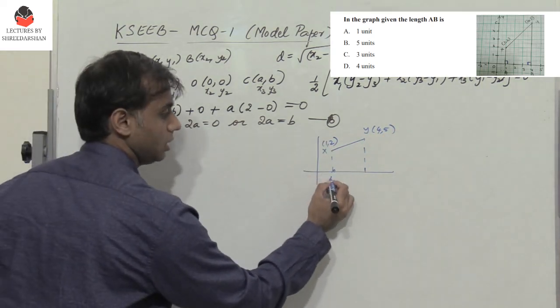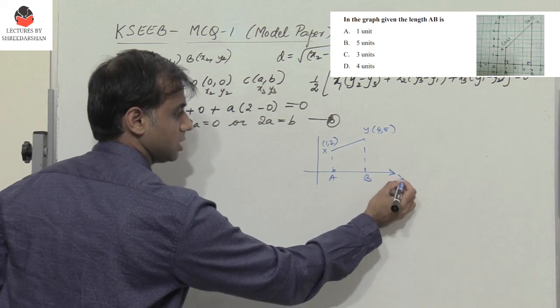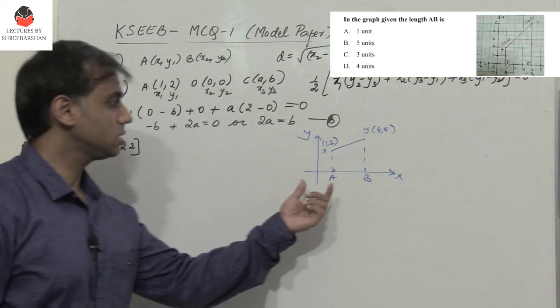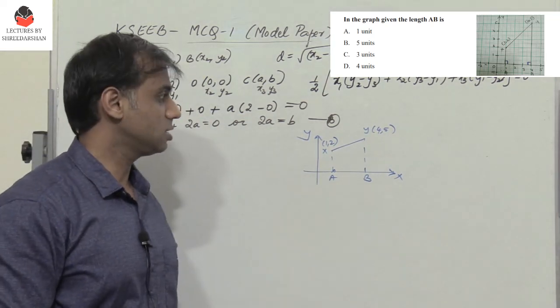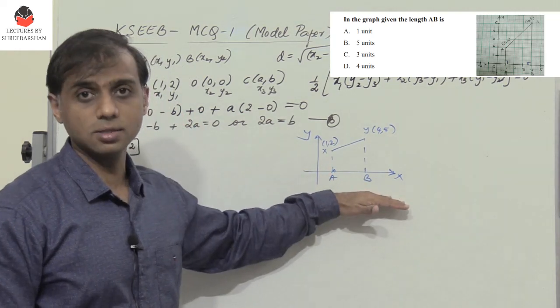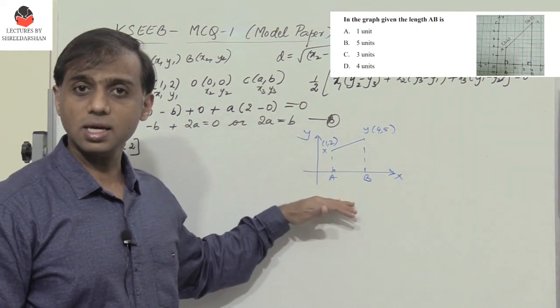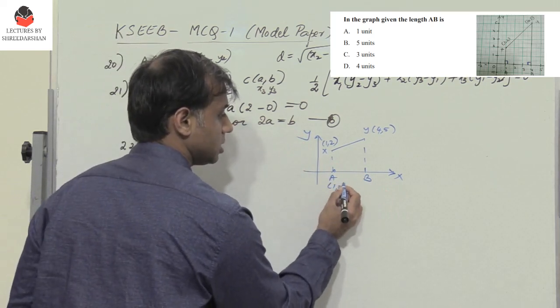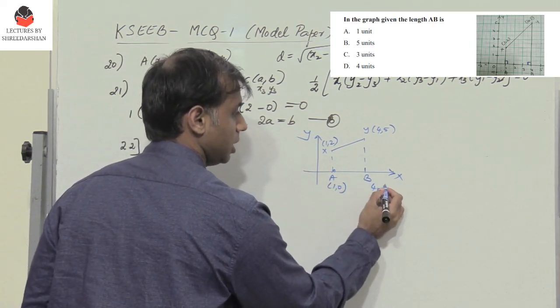This is A and this is B. This is the x-axis, this is the y-axis. Now we need to find this distance AB. To find this distance, first find the x values, because this is on the x-axis. Any point on the x-axis will have the y value 0. So A is (1, 0), B is (4, 0).